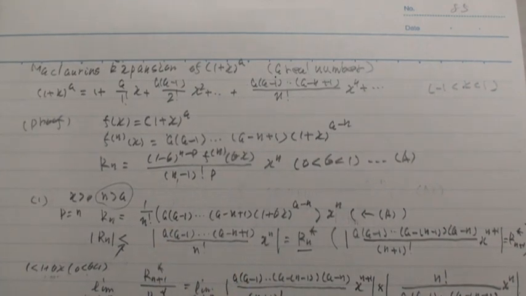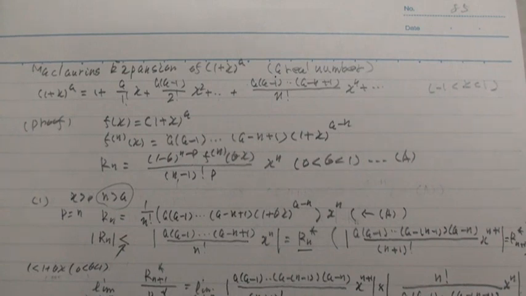And n close to infinity, then this is the absolute value of x. This value is absolute x, point B.